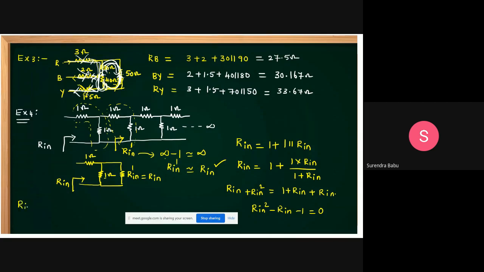We can apply the formula minus b plus or minus square root of b square minus 4ac, divided by 2a. Minus b means 1, since b is minus 1. If you want this, I will go to the next slide.